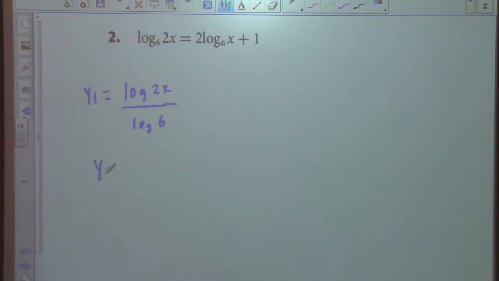And y2 is going to be equal to 2 log x over log 6 plus 1. So that's how you'd enter those. So go ahead and try to find those. Then after this, I want to go straight to problem 7.